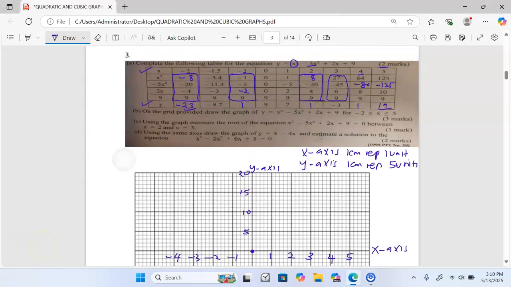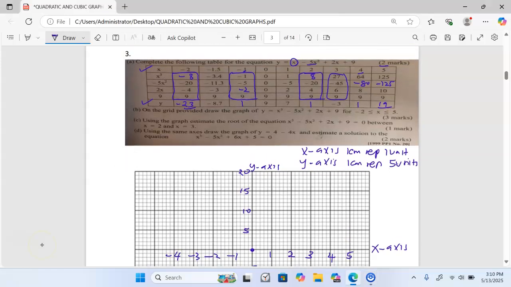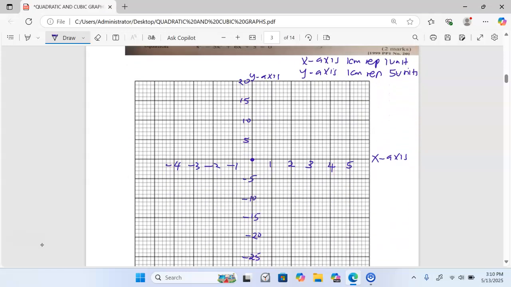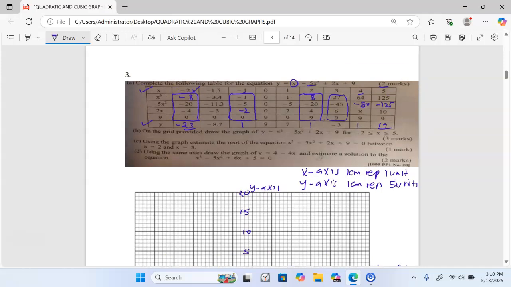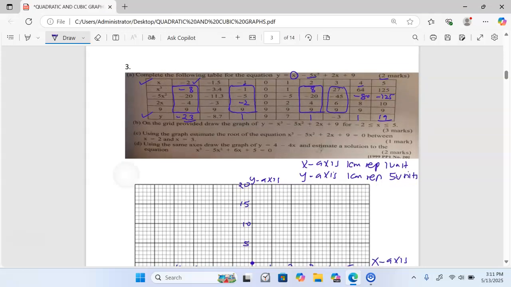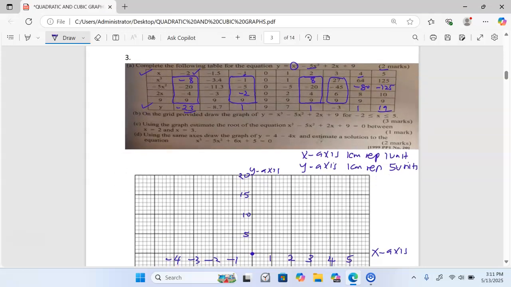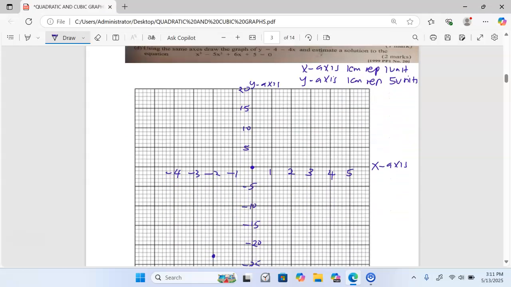When the value of x is -2, the value of y is -23. This is 20, 21, 22, 23 at this point. When the value of x is -1.5, y is 8.7 negative.